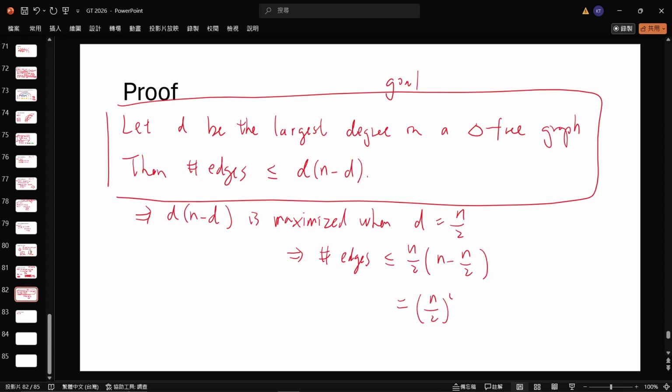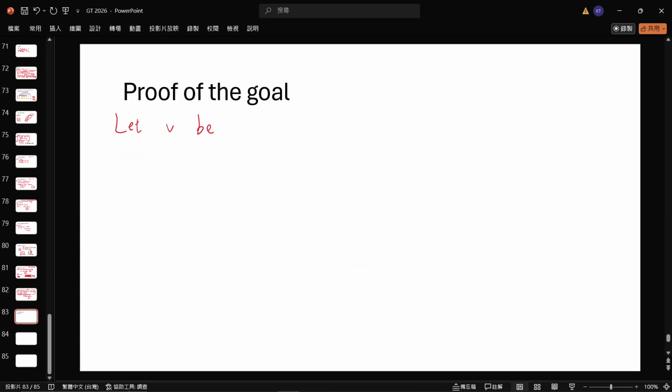To use this largest degree, I think it's natural to think about the vertex that has the highest degree.